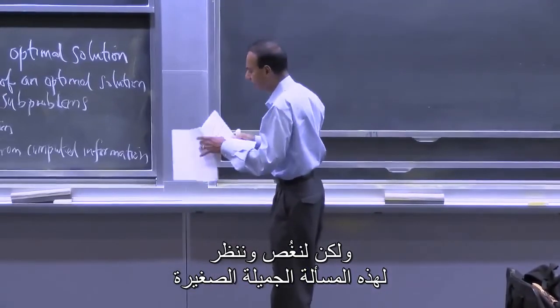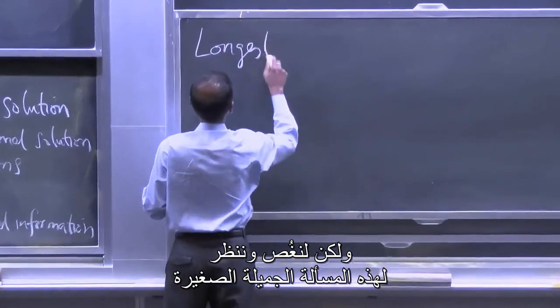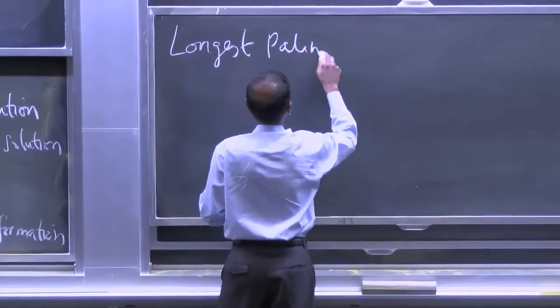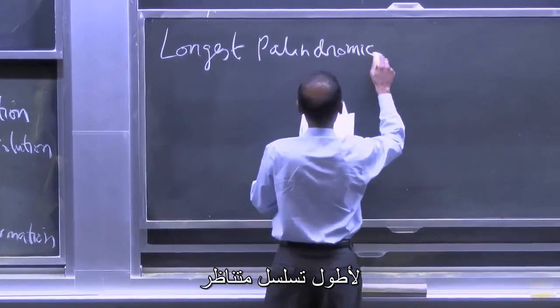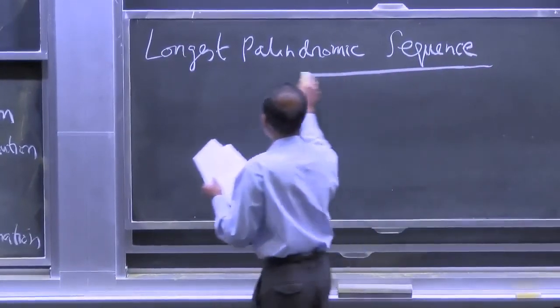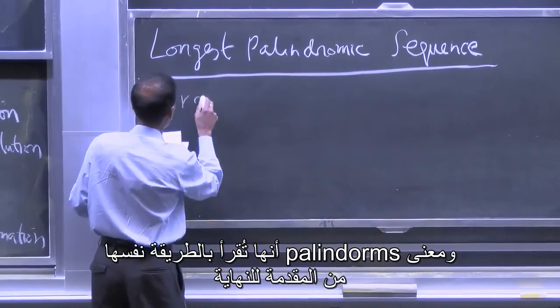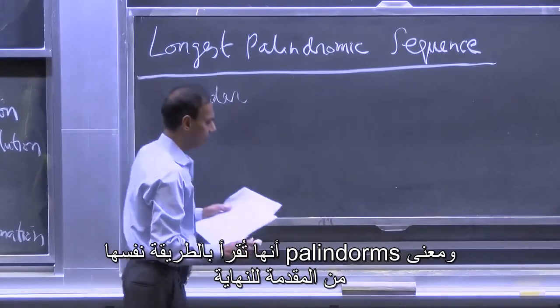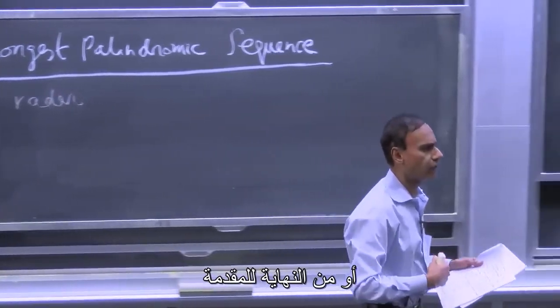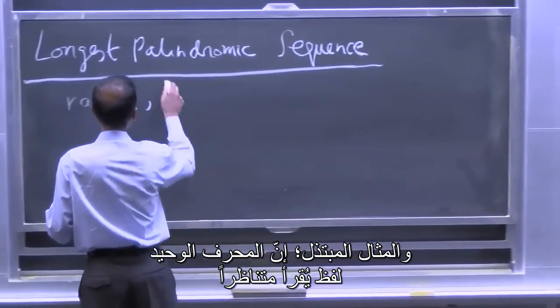But let's just dive in and look at this cute little problem of longest palindromic sequence. Palindromes, of course, read the same front to back or back to front. Radar is a palindrome, just as a trivial example.